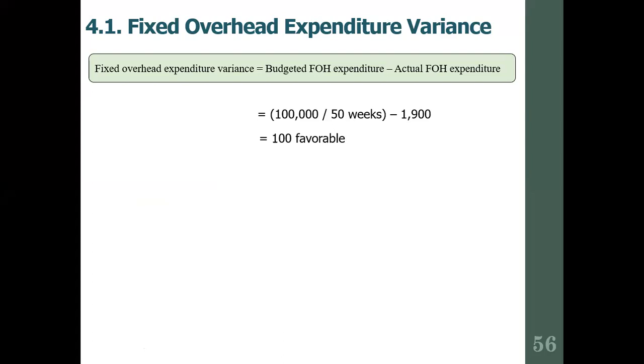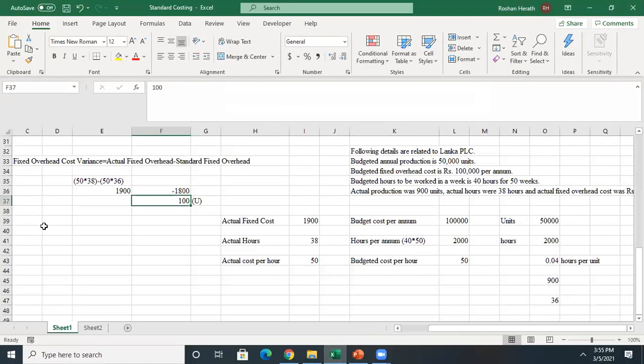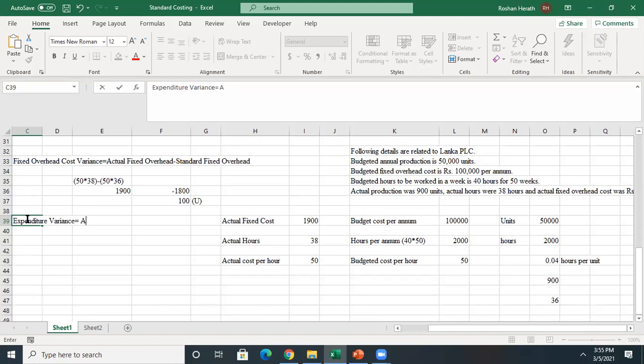Let us work that out. We start with the actual fixed cost and compare it with the budgeted fixed cost. This is how we calculate the expenditure variance for the fixed overhead.